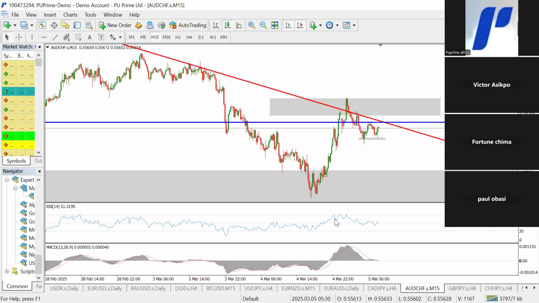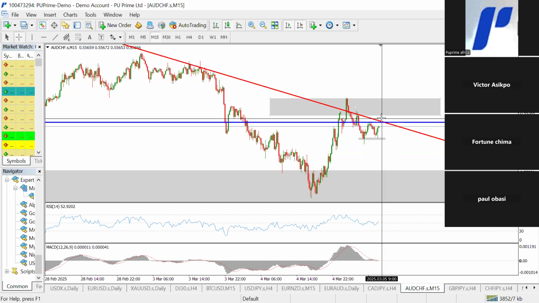So in between now and 8:30, this is 7:18. If price has not broken above this blue line here, we may look at our entry around that region. So by 8:30, this comes out, price at least breaks above that blue line, you can safely trigger a buy. That is all I can give for now, since the news is very far away. It's still like an hour and 10 minutes away.